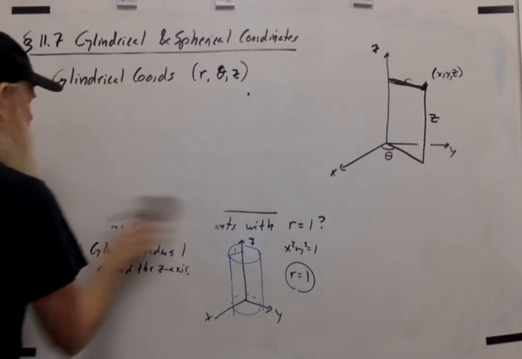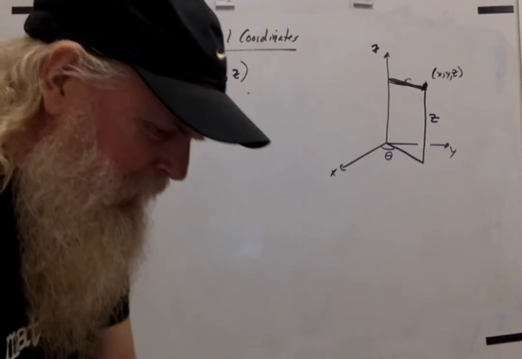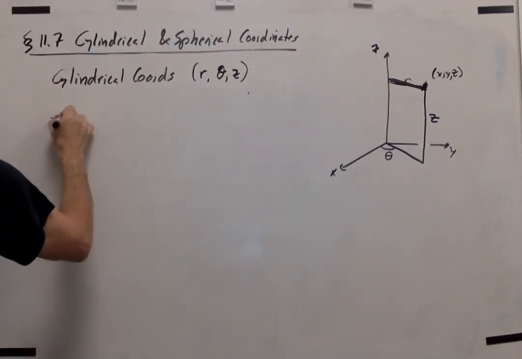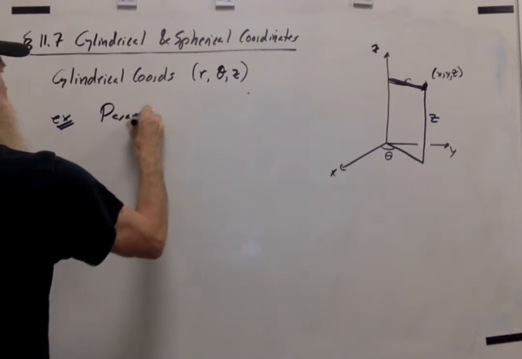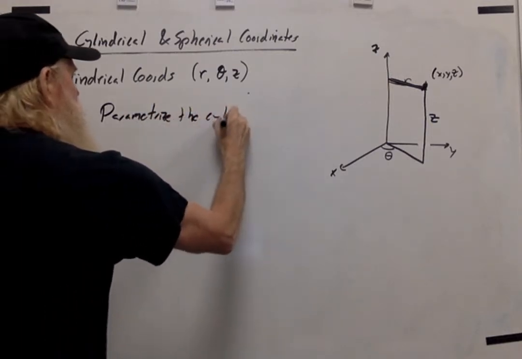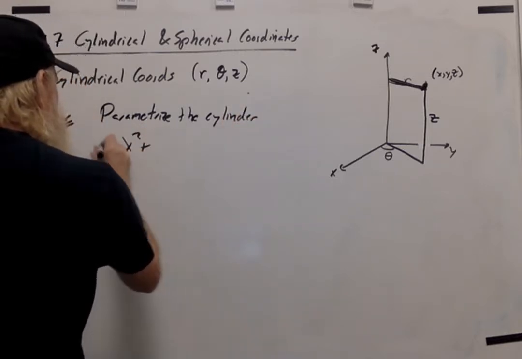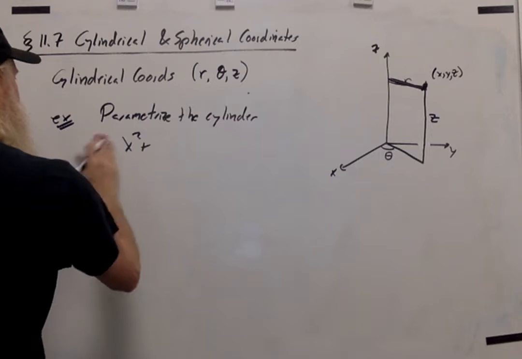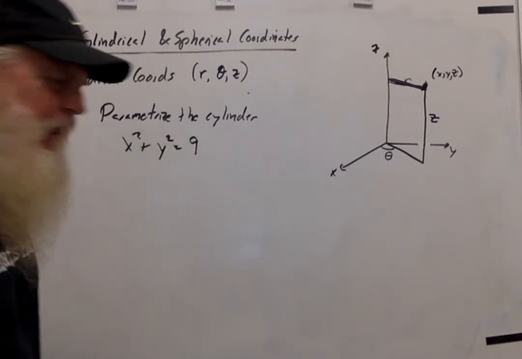Let's look at some other examples. In a previous video, I asked us to parameterize the cylinder x squared plus y squared equals 9.